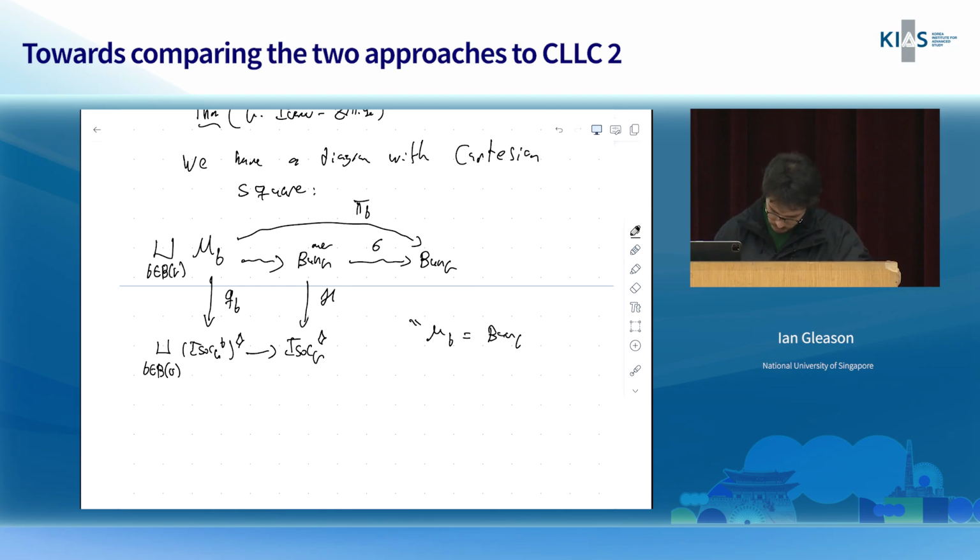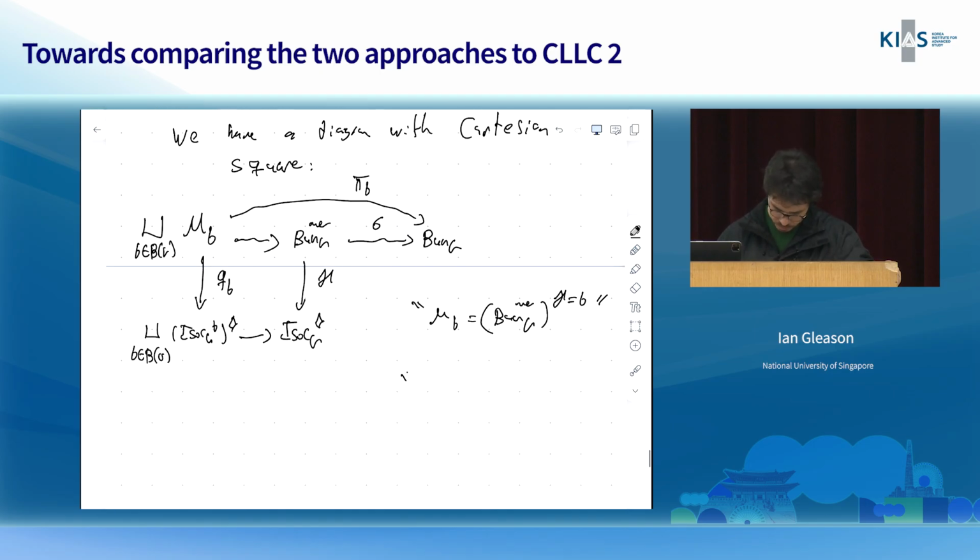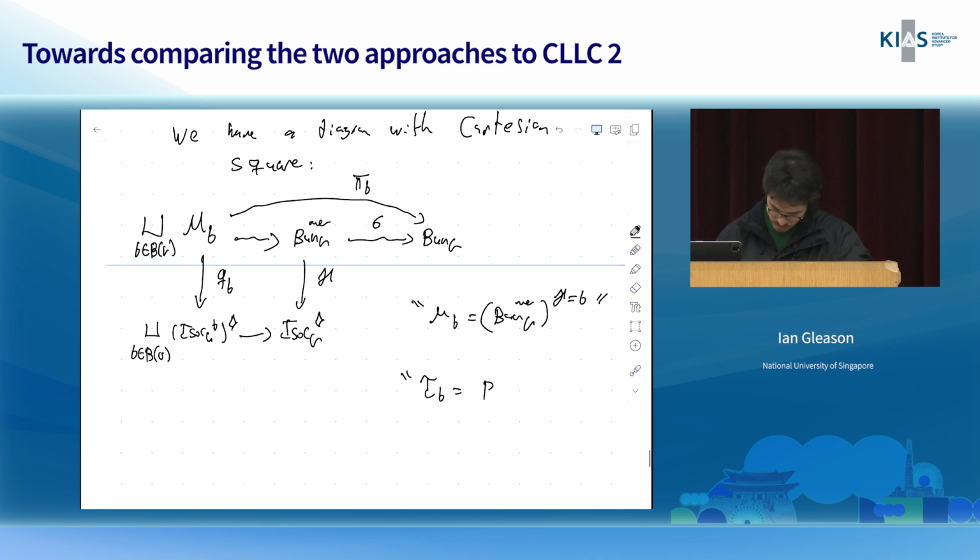So this is the locus in Bun G Mare in which you impose that the generic Newton polygon is constant for a fixed B. And you can also build a different space that I like to call TB, where you take Bun G Mare and you ask now that the special Newton polygon is equal to B.